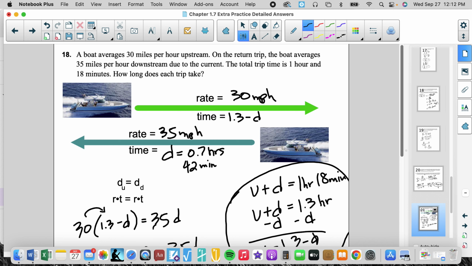So we found that one. Now if we want to find the time for going upstream, we would plug it into 1.3 minus D. Our D is 0.7.